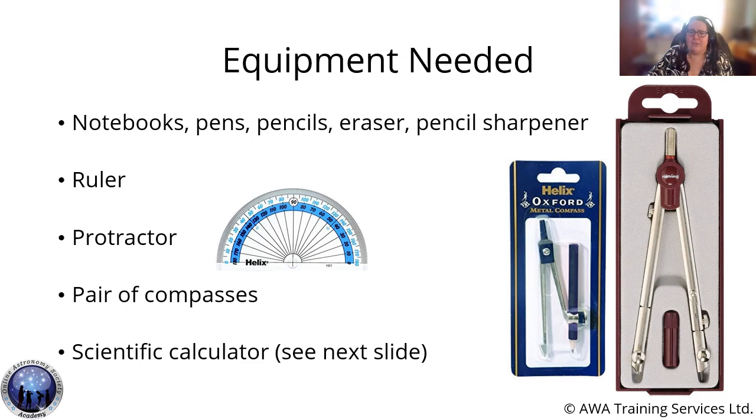I don't know about you, but if you are struggling using one of these weird ones and you have a bit of a budget, you can buy the one on the right. So these are more expensive, but as you can see, it's got these two metal legs, and so it's a lot easier to make circles and arcs with this because it doesn't move around like this one does.